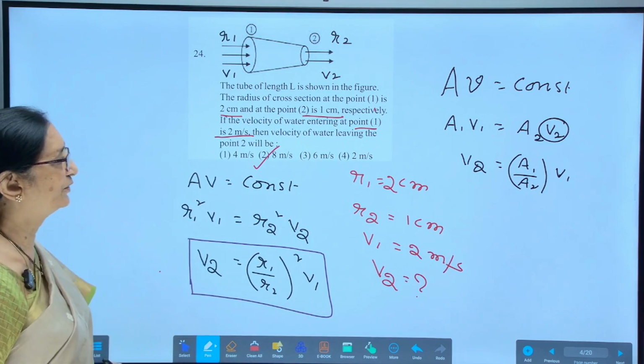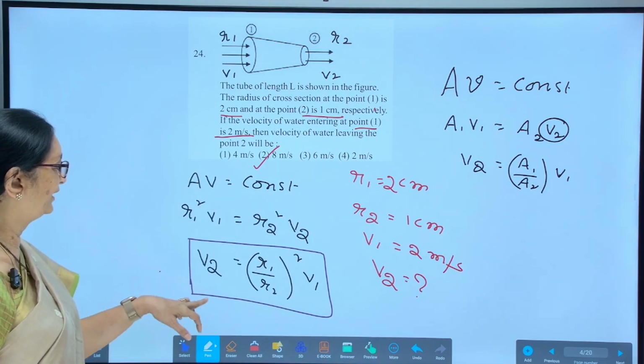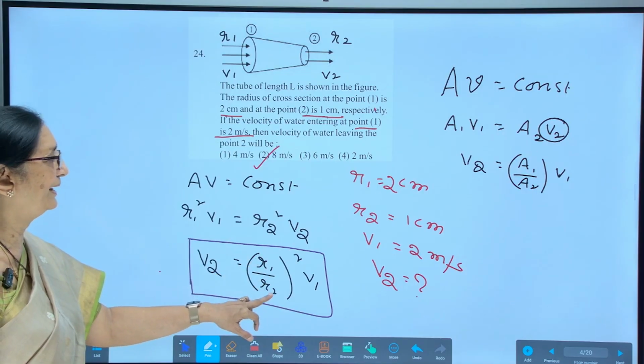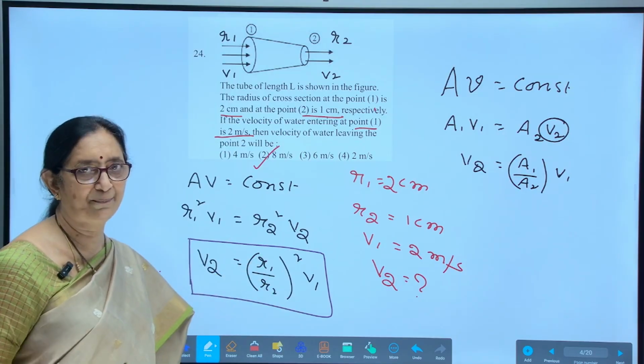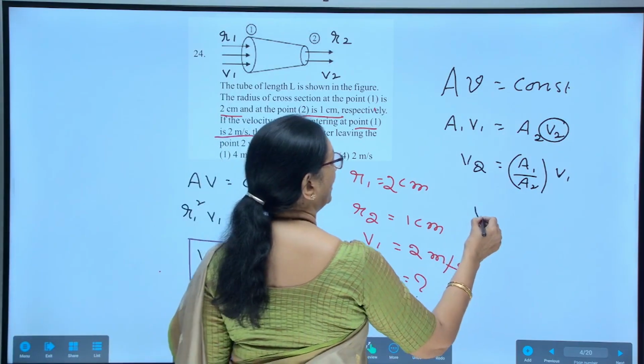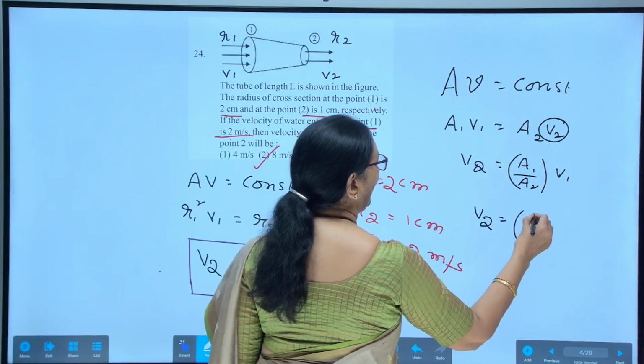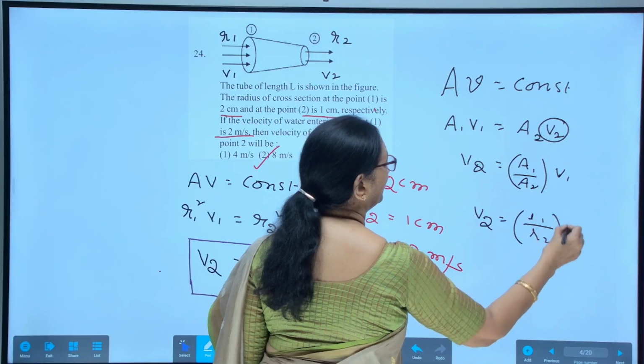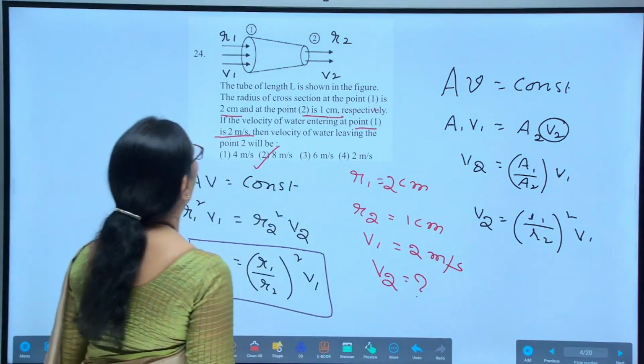So V2 is equal to R1 by R2 whole square into V1, because A is proportional to R square.